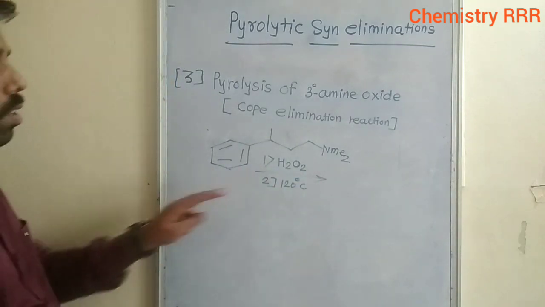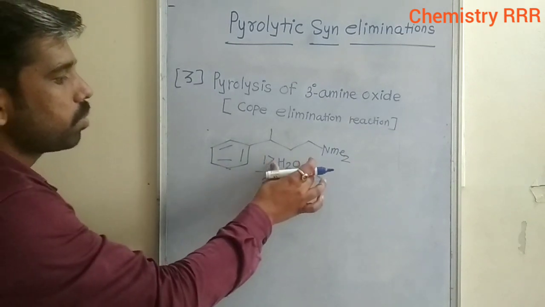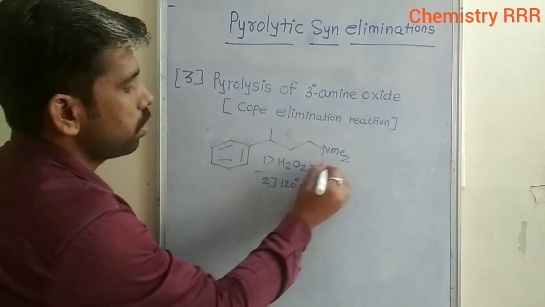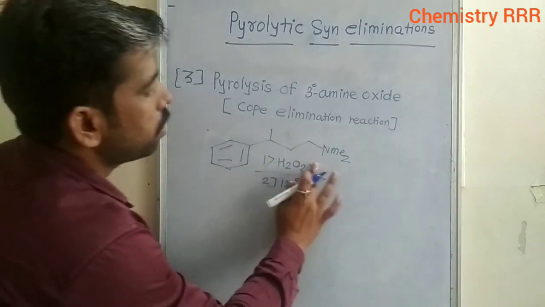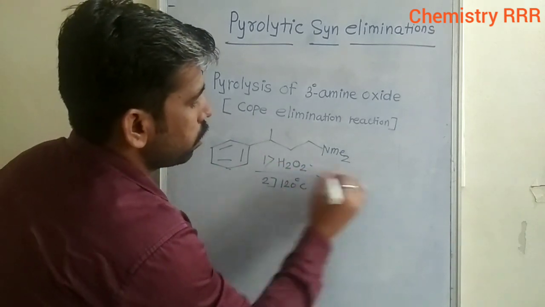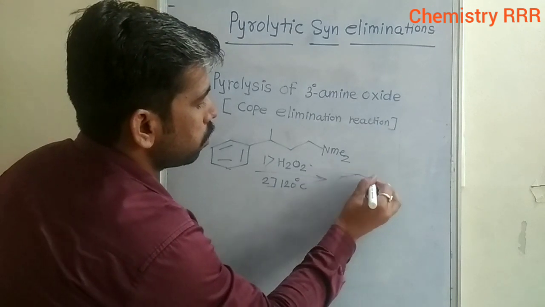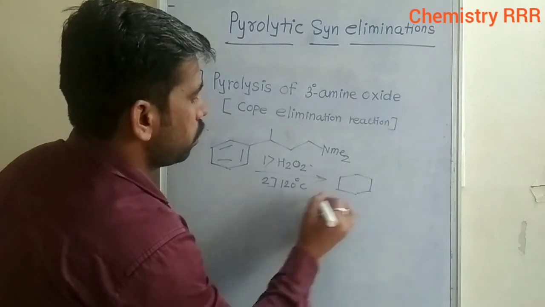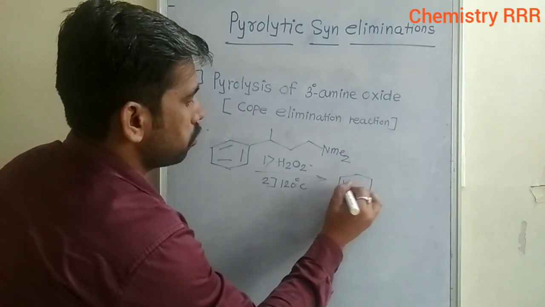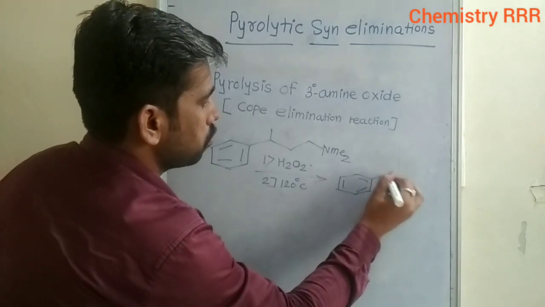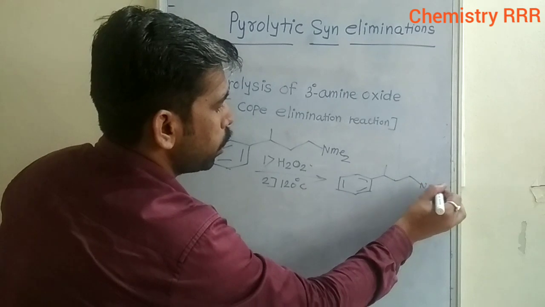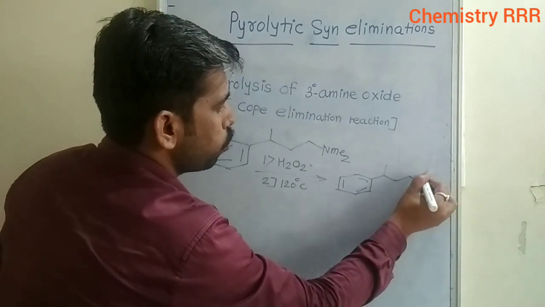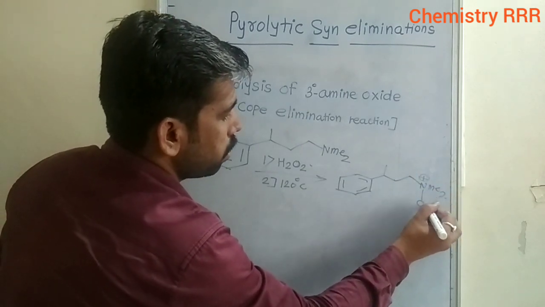Now the hydrogen peroxide oxidizes the nitrogen and forms the N oxide. Okay, in the first step there is a formation of the N oxide. NMe2 has a positive charge on the nitrogen.